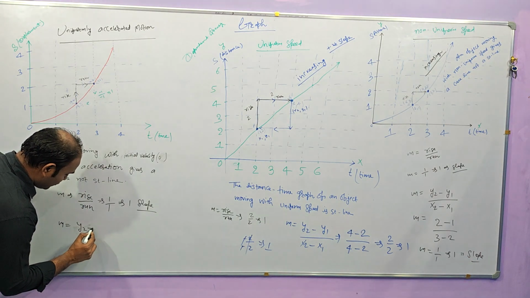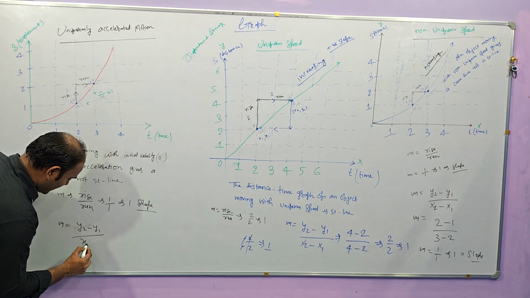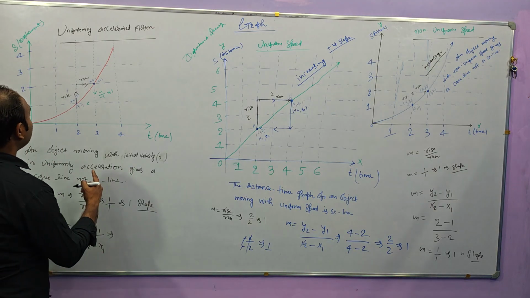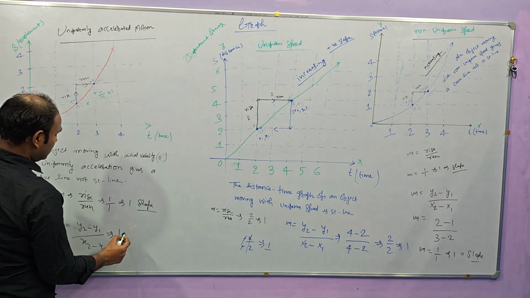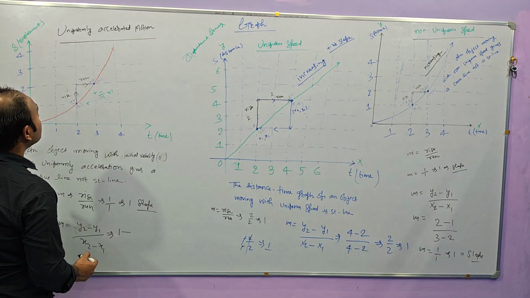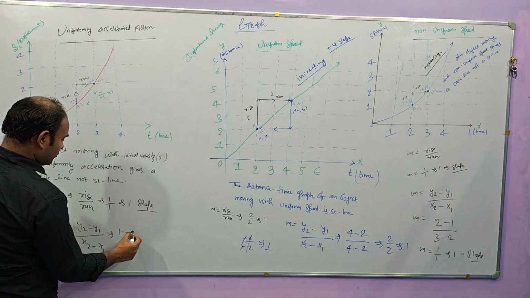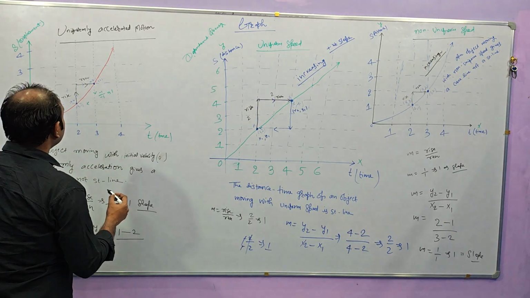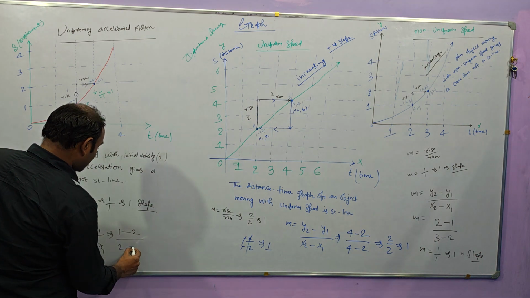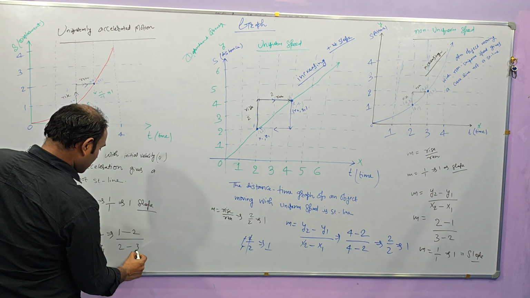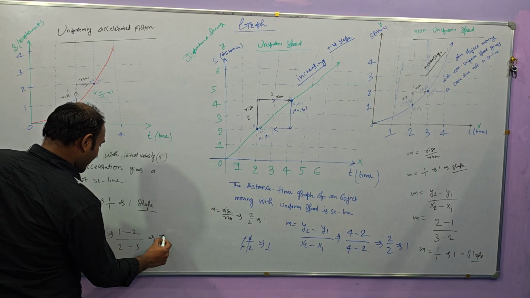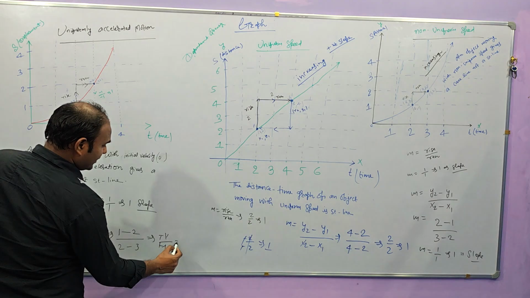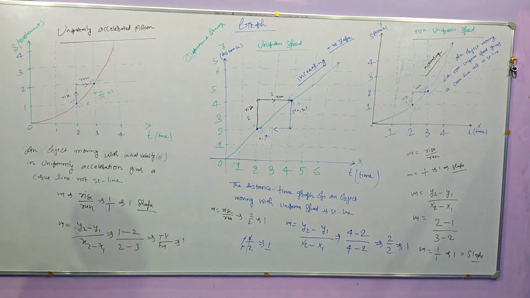m is equal to (Y2 minus Y1) upon (S2 minus S1). So Y2 is 1 minus Y1 which is 2, and S2 is 2 and S1 is 3. So we got minus 1 upon minus 1. The minuses cancel, the 1s cancel, and we get a slope of 1.